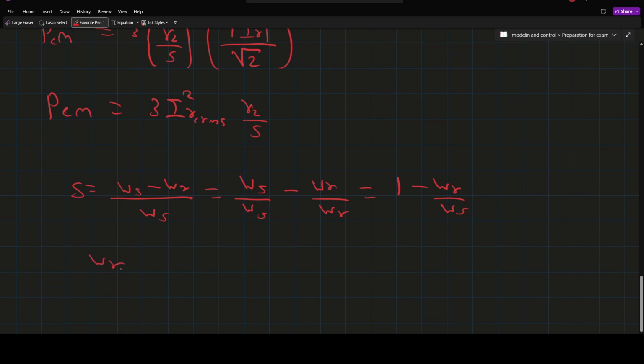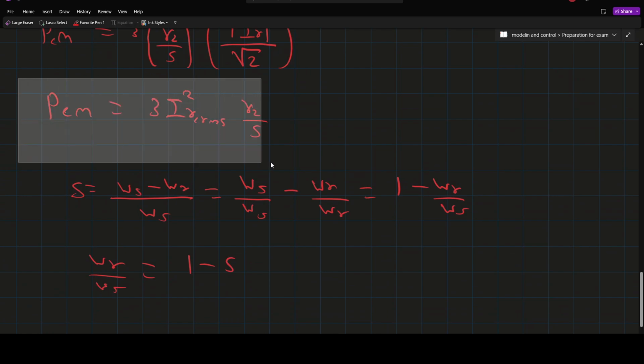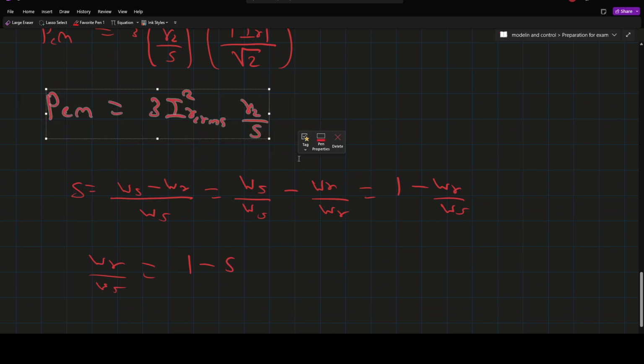So omega r over omega s is equal to 1 minus s.